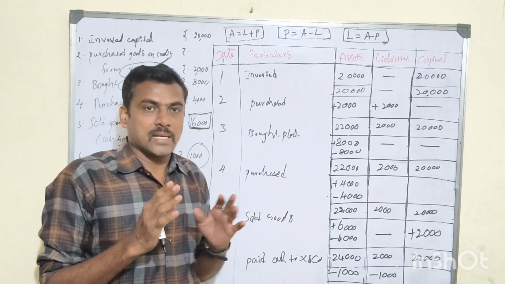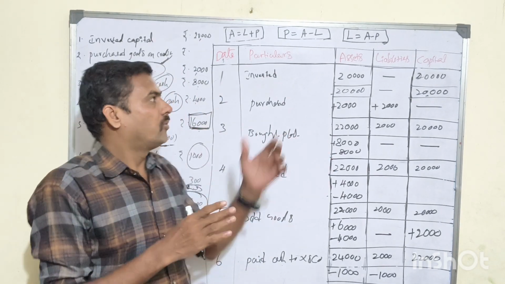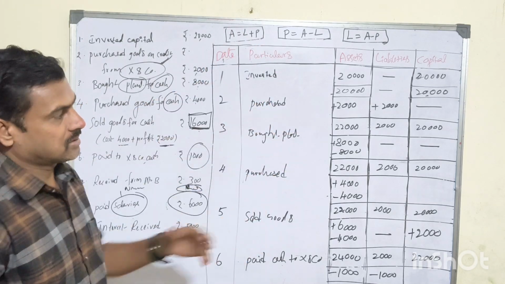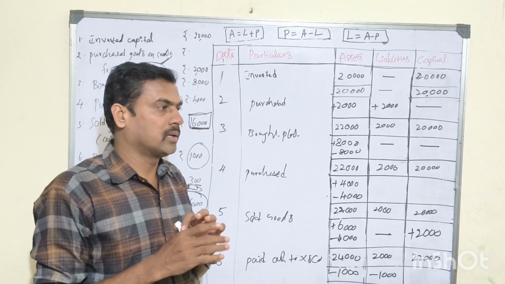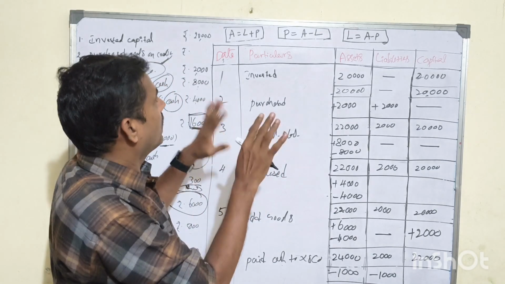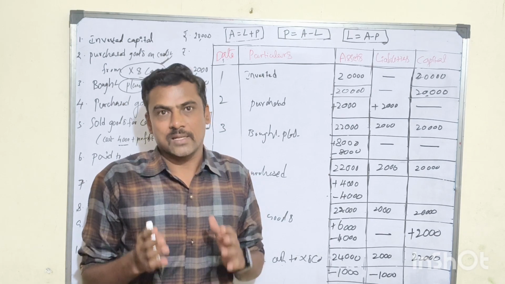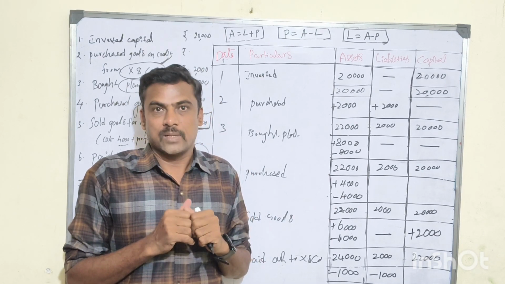When I say real time basis, when you are working in a company, if you are good in the basic accounting equation, your journal entries will not go wrong. This is all about accounting equations.